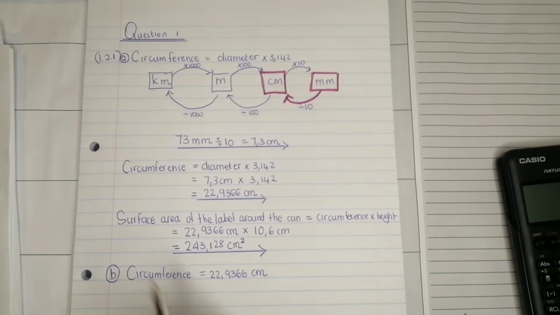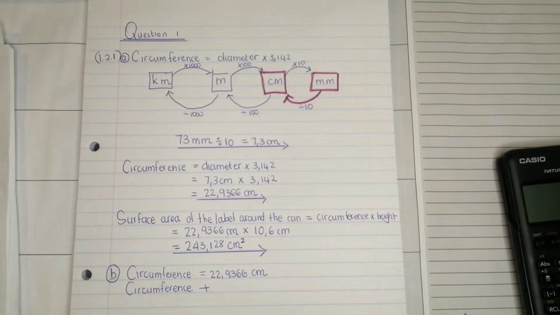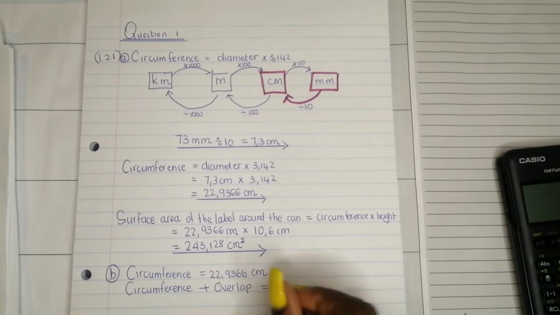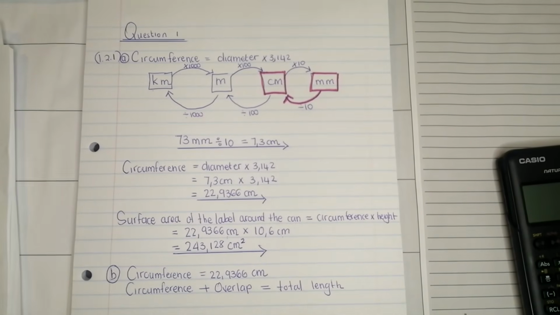So if you take the circumference and add the overlap that is needed, you'll be able to get the total length.